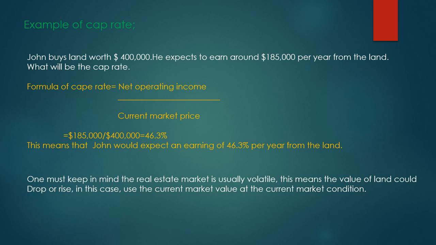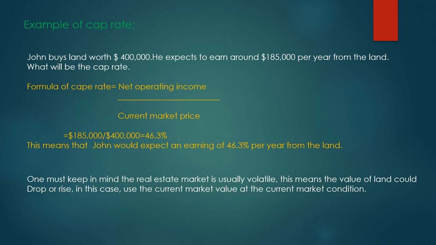So the cap rate will be $185,000, which is the net operating income, divided by $400,000. After multiplying by 100%, we get 46.3%. This means that John can expect an earning of 46.3% per year from the land.